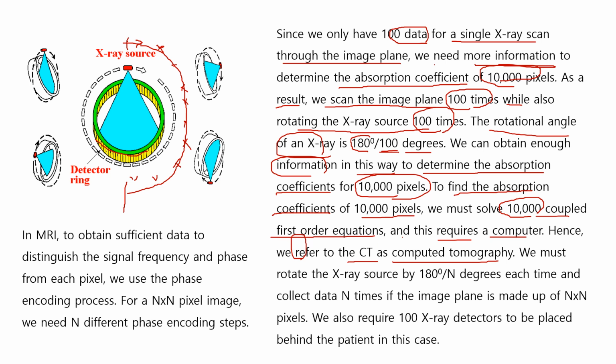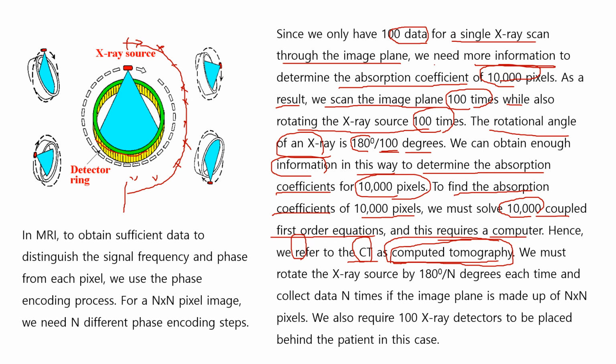In this CT, we use X-ray, but people do not like X-ray, so X-ray was omitted. So we call it just CT, computed tomography. The function of the computer is just a calculation of the absorption coefficients from 10,000 data.